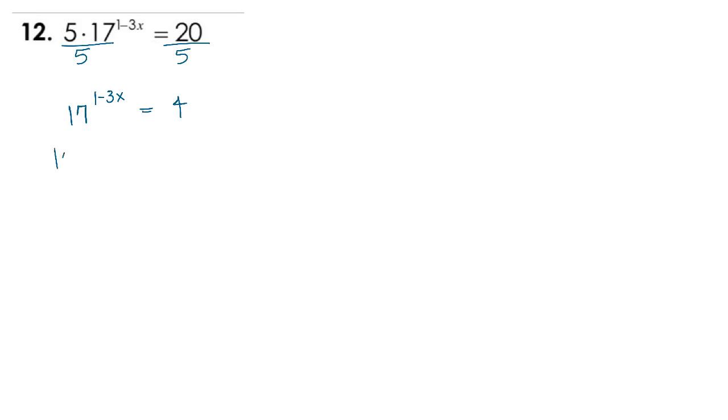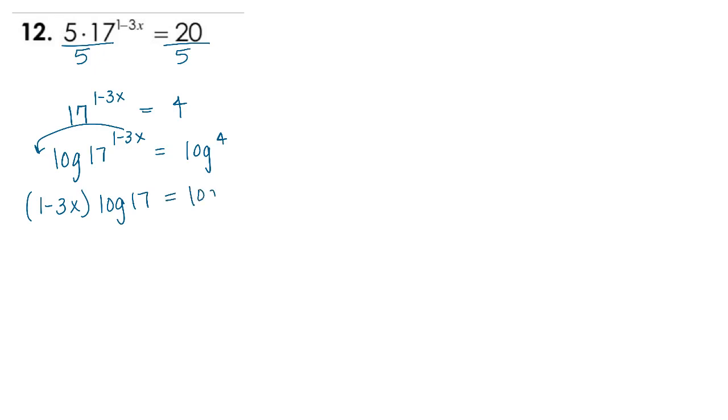Now we're ready to do log of both sides, so we're going to do log 17 1 minus 3x equals log 4. And again, we're going to move this down to the front, so we have 1 minus 3x times log 17 equals log 4. And since we only have one variable on one side, we're going to divide both sides by log 17.